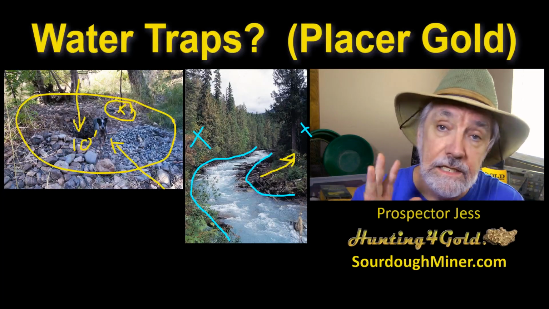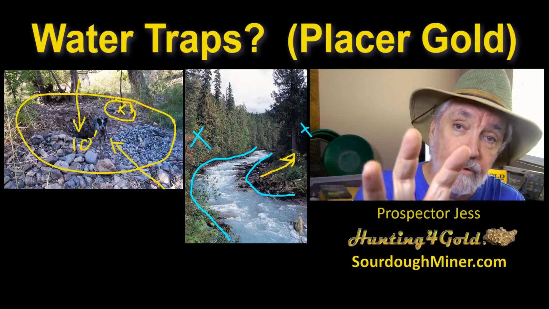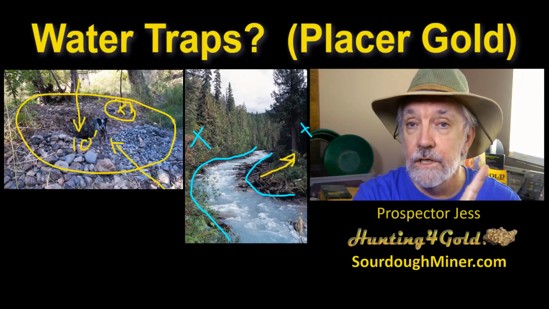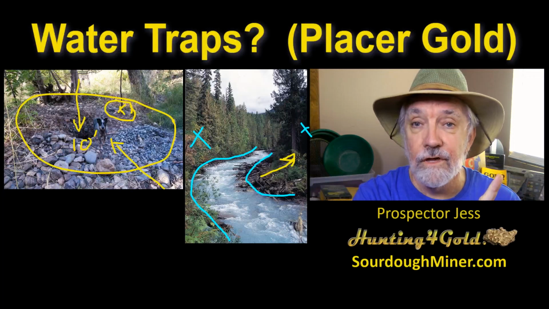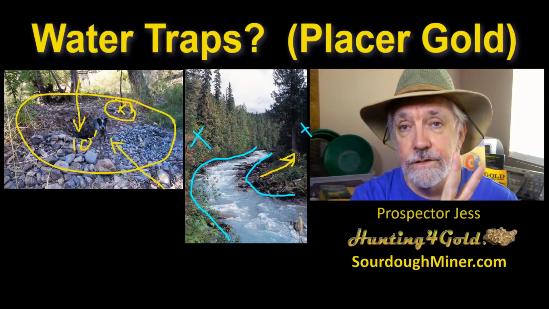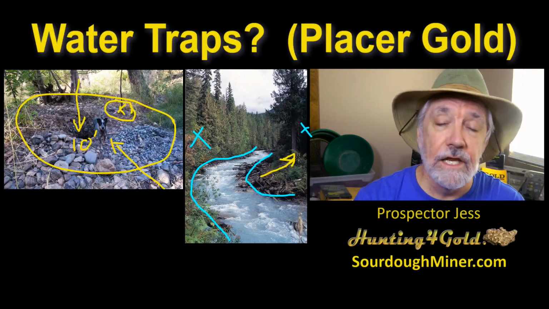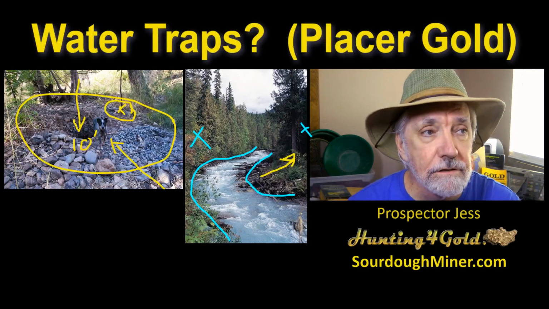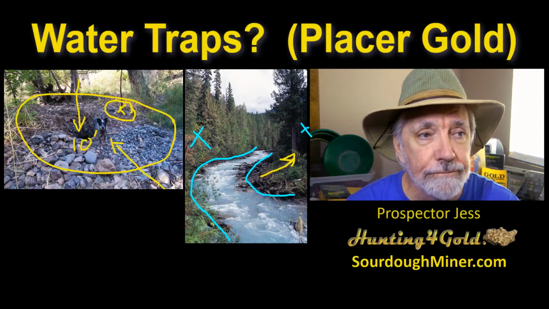But anyway, the idea is get the material from a further position than you typically see for two reasons. One, it's likely to be that other people thought the same thing you're thinking, which is that's too hard and too far. And two, it's also likely to be in a trap that nobody's really thought about. You haven't really considered the possibility that something back up here would contain that much gold, but it does.